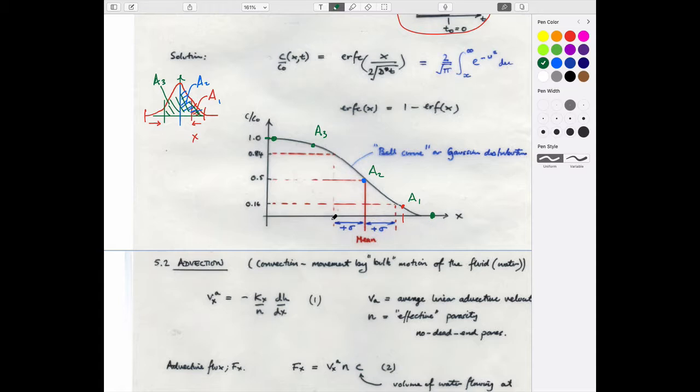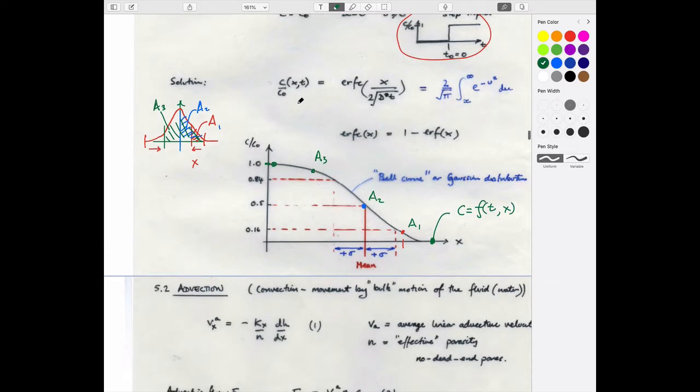And so what it allows us to do is say when it would arrive. So you could define how the concentration at this point would change as a function of time and location. And it conforms to this expression here: the complementary error function, just a mathematical function.